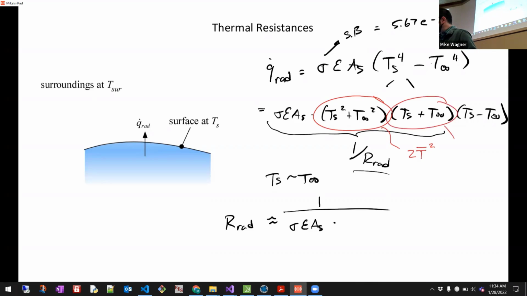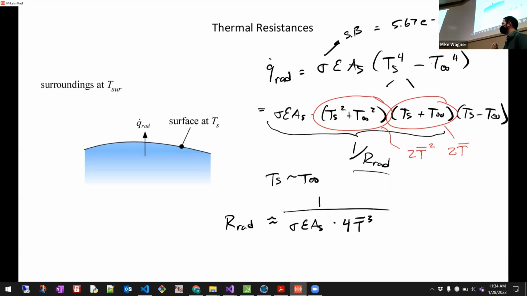And this is approximately just 2 times T bar. So if we multiply that together, this is approximately the same as 4 T bar cubed. Again, T bar is the average of those temperatures.